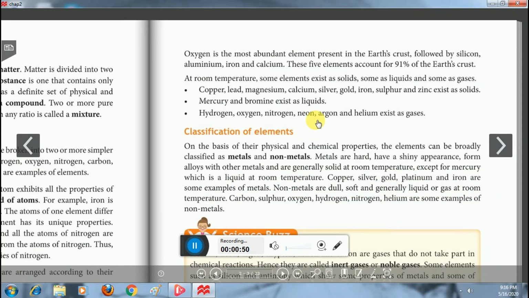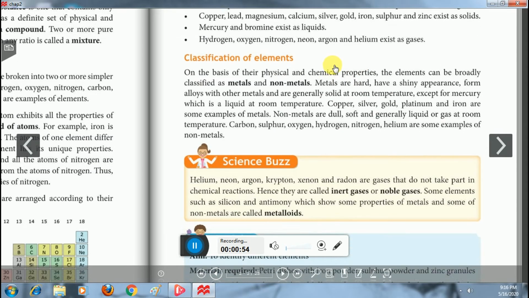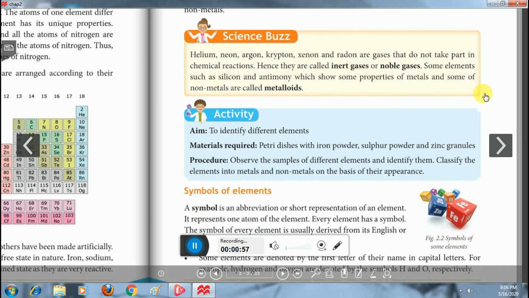We learned about metals and non-metals, and their different states at room temperature. Today we'll discuss symbols of elements.